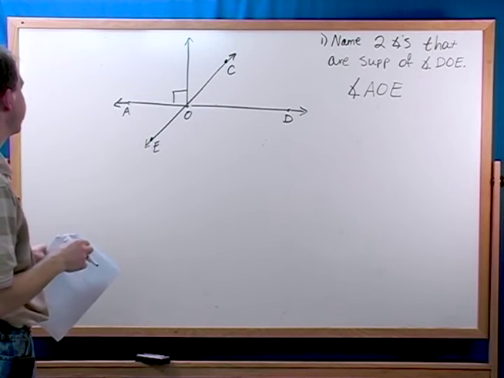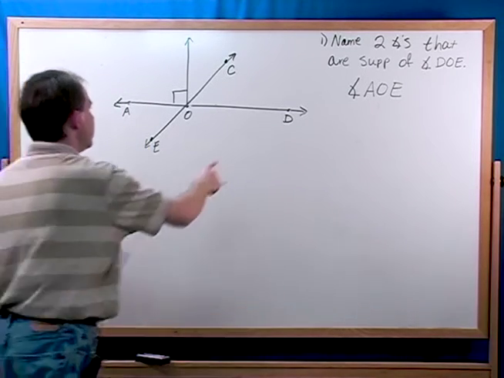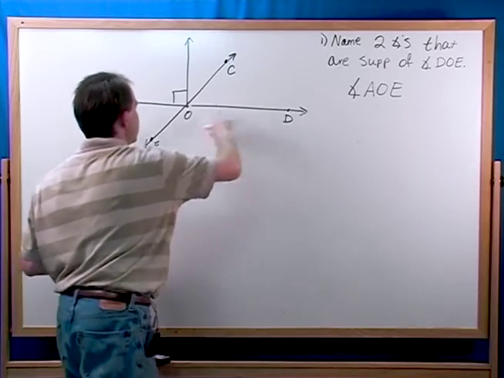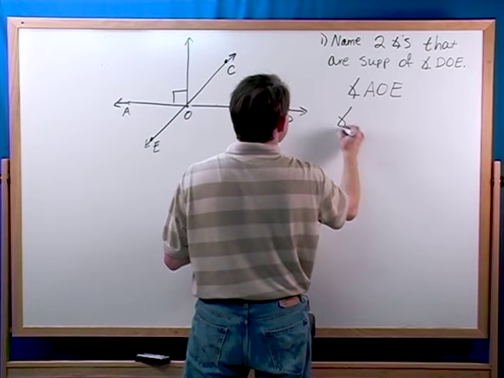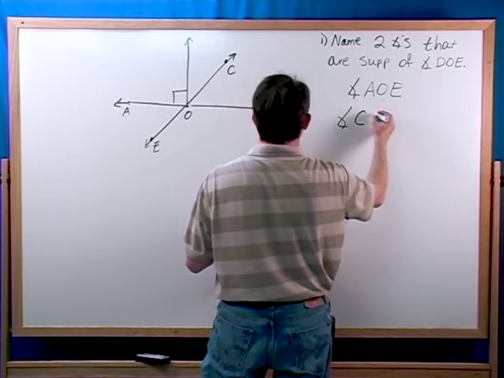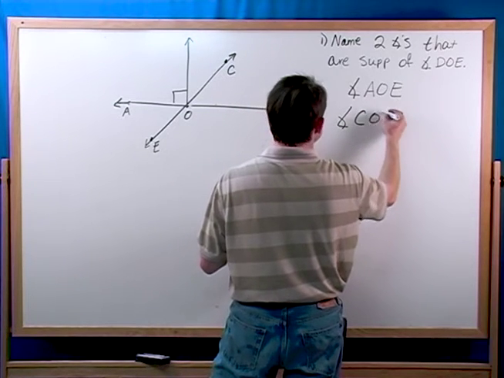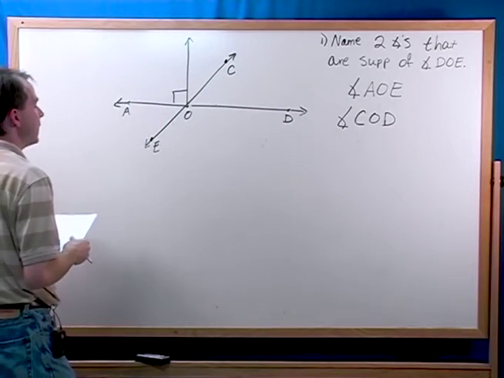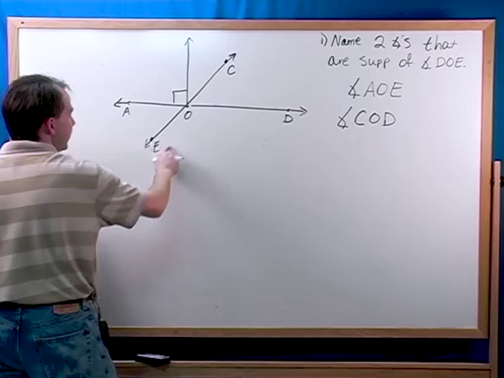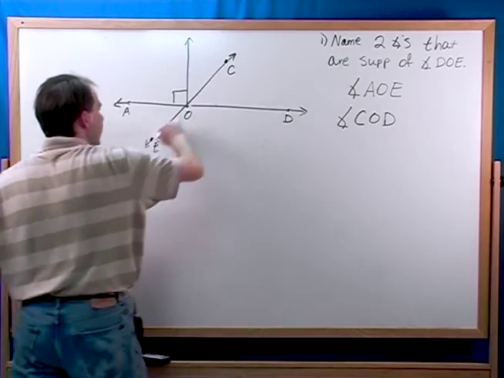Now, is there anything else? DOE is here, but notice there's another line going up like this. So let me write it down and we'll talk about it. Also, COD. This angle is also supplementary to it, because DOE is here, but this is a straight angle right here.